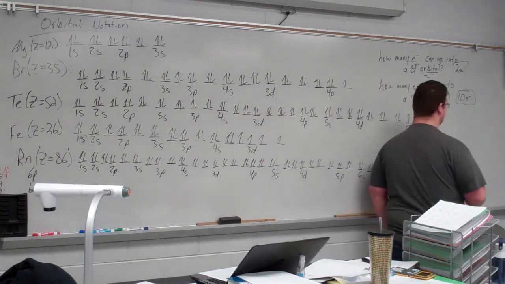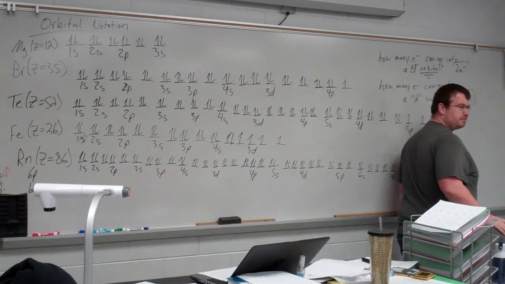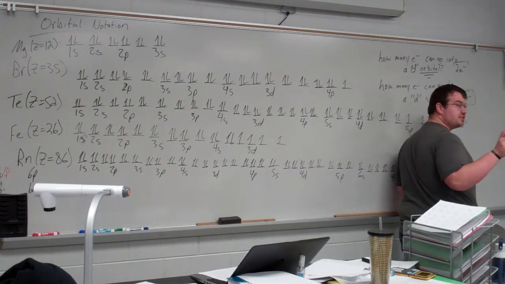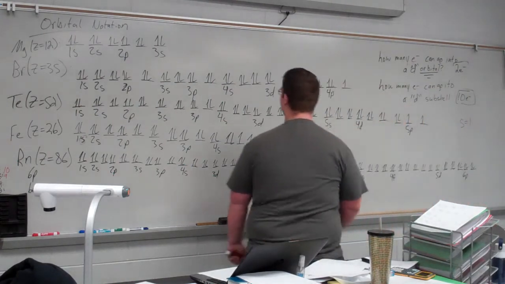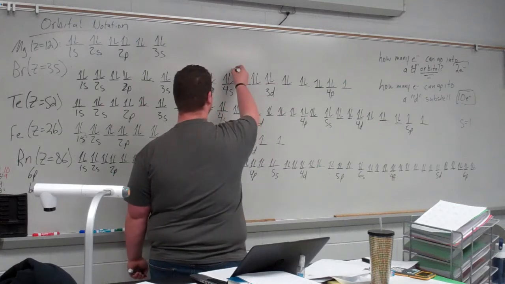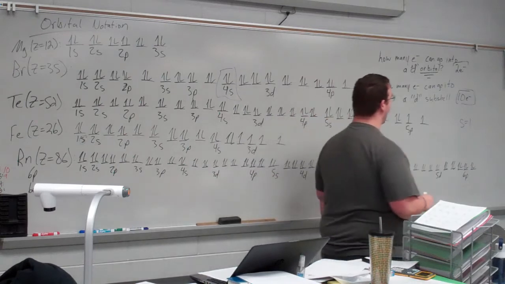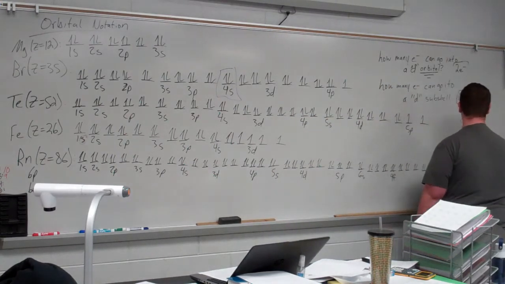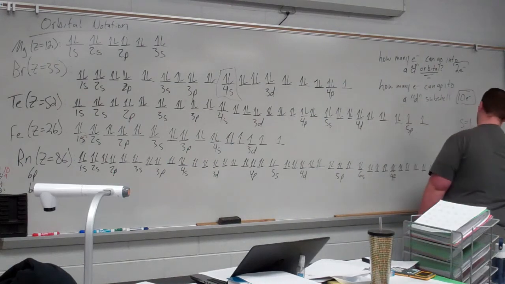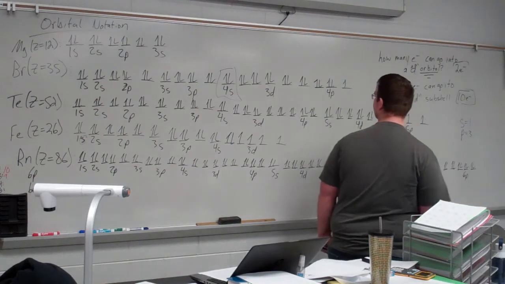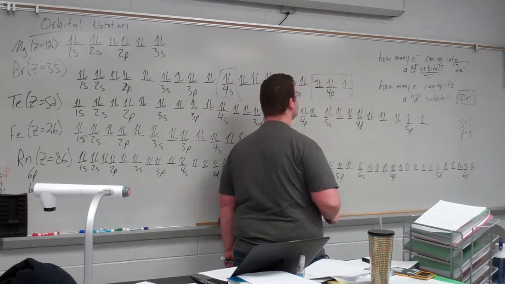How many orientations does an s subshell have? 1. S subshell, 1 orientation. How many orientations does a p subshell have? 3. P subshell, 3 orientations.